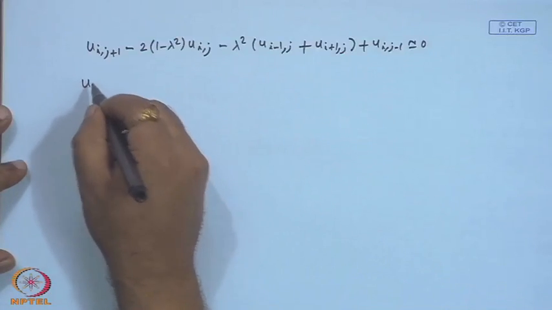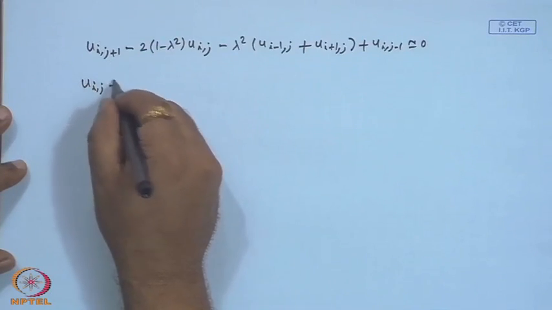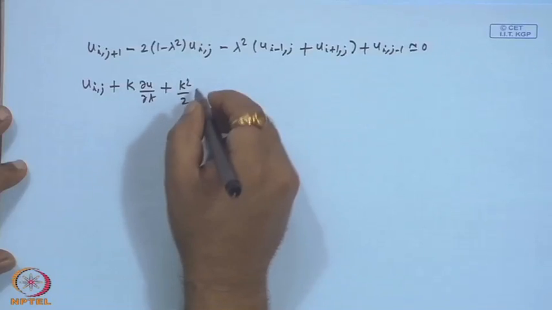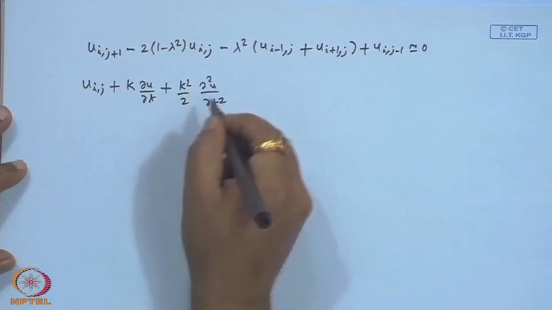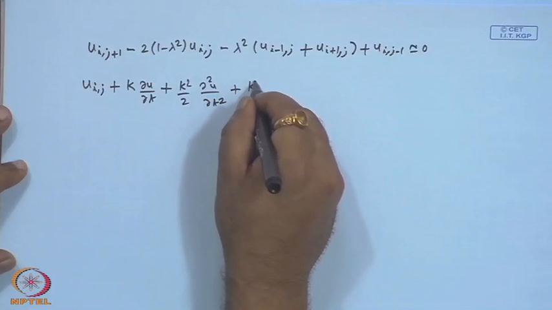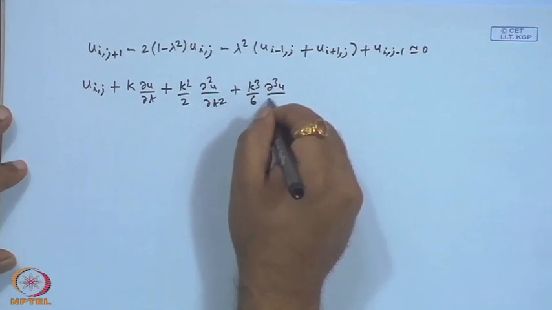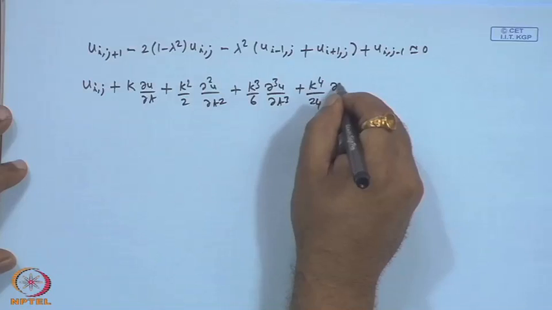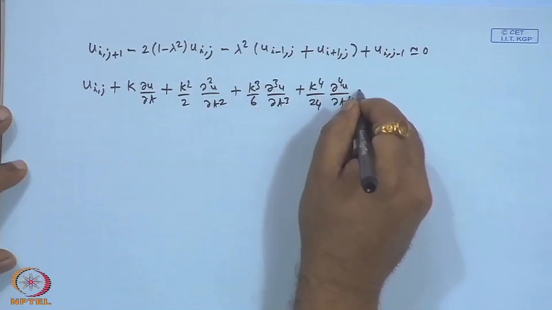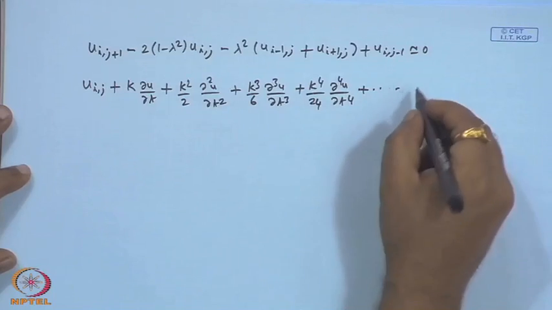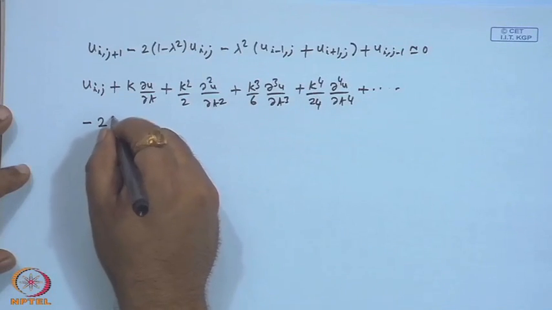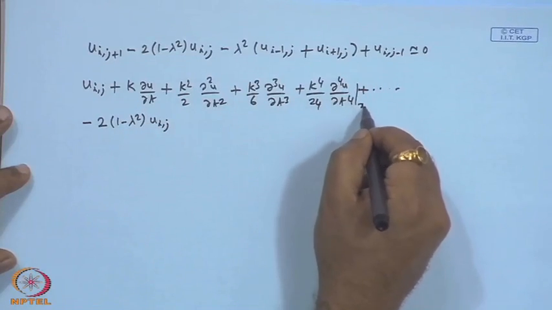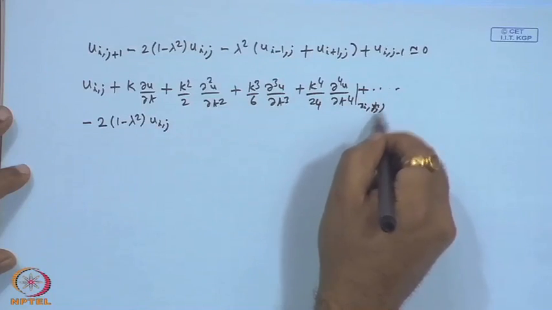If we expand this term, of course, all of these are evaluated at x_i, t_j.